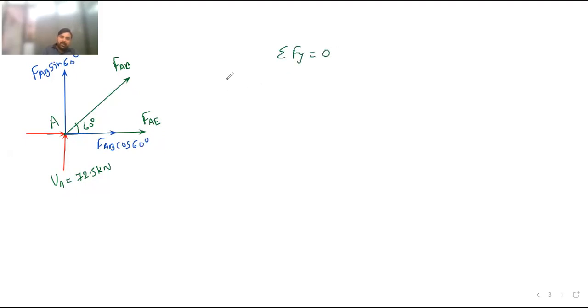If I apply that, then I will get 72.5 moving upward positive, plus again FAB sine 60. It is also moving upward positive. Then there is no any other force acting on this joint A. So this is equal to 0. So now if you solve this, you will get the value of FAB. Therefore, FAB, force in member AB, is equal to, let me know the answer.